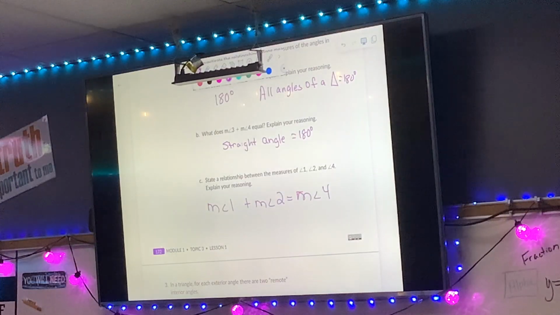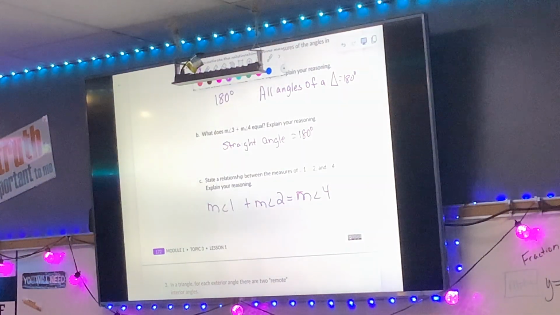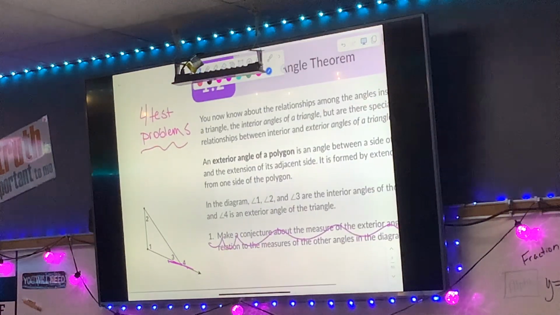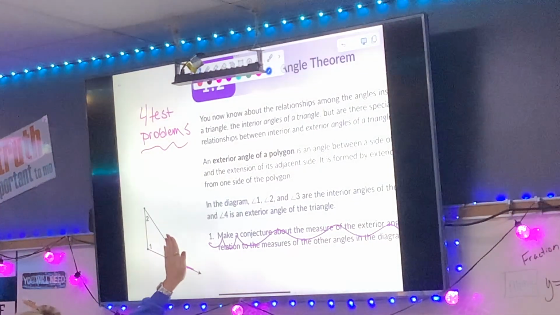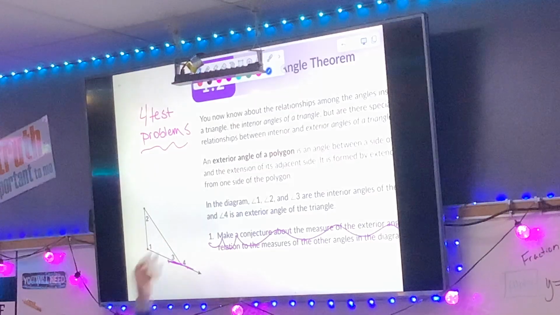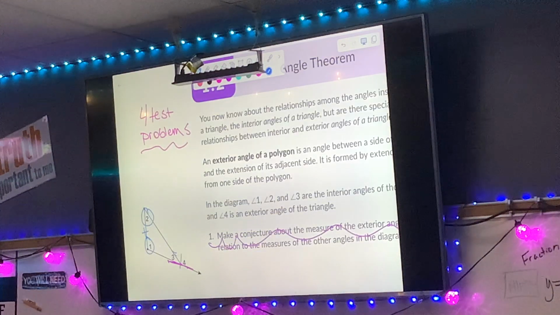That's where we're going. Now, I teach you this in an elementary way because it's the easiest way to remember it. I say, cover up your exterior. Do you see your opposite interiors? We are going to circle them, and those 2 we're going to add. And it's going to equal our exterior, so I box our exterior.